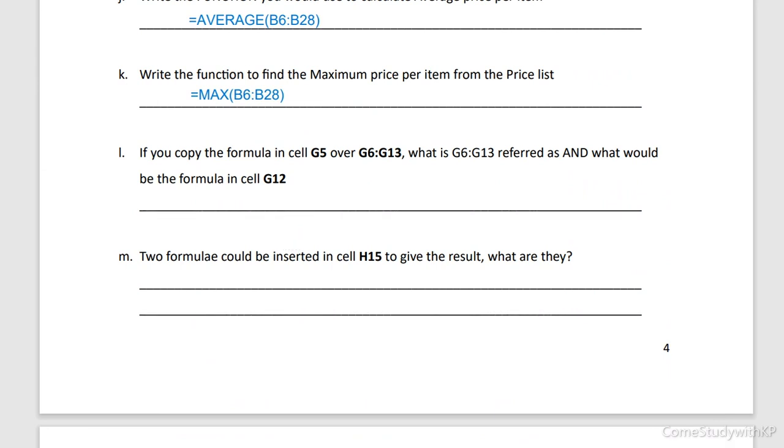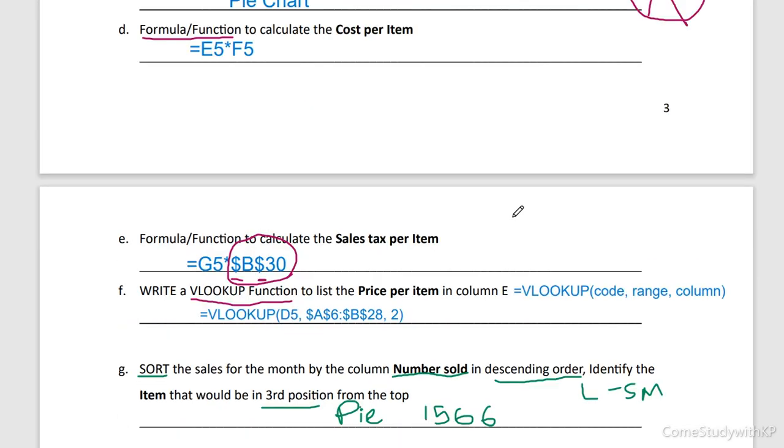Now we want to find, if you copy the formula in cell G5 over G6 to G13. Let's look.